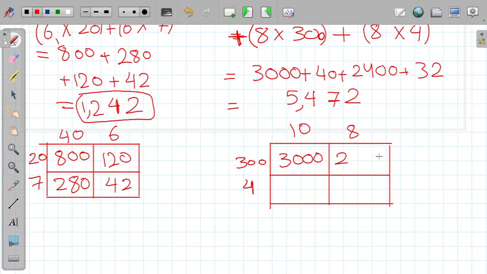So let's try with the area model. I have 8 times 300 equals 2,400. I have 10 times 4 equals 40 and 8 times 4 equals 32. So first I have 3,000 plus 2,400 plus 40 plus 32 equals 5,472.